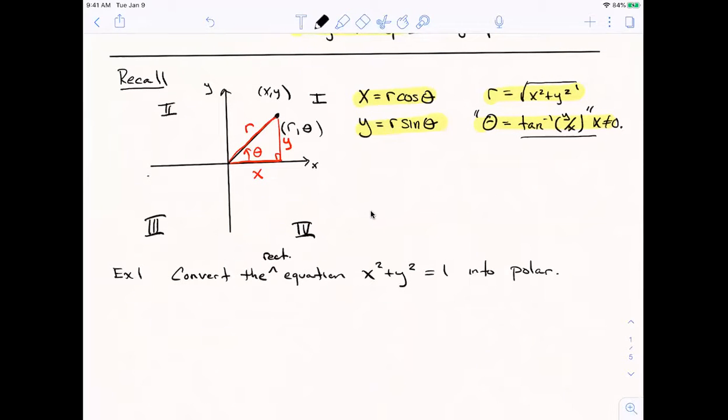Basically, the recipe is always the same. When you're converting a rectangular equation to polar, everywhere you see an x, you replace it with r times the cosine of theta, and everywhere you see a y, you replace it with r times the sine of theta.